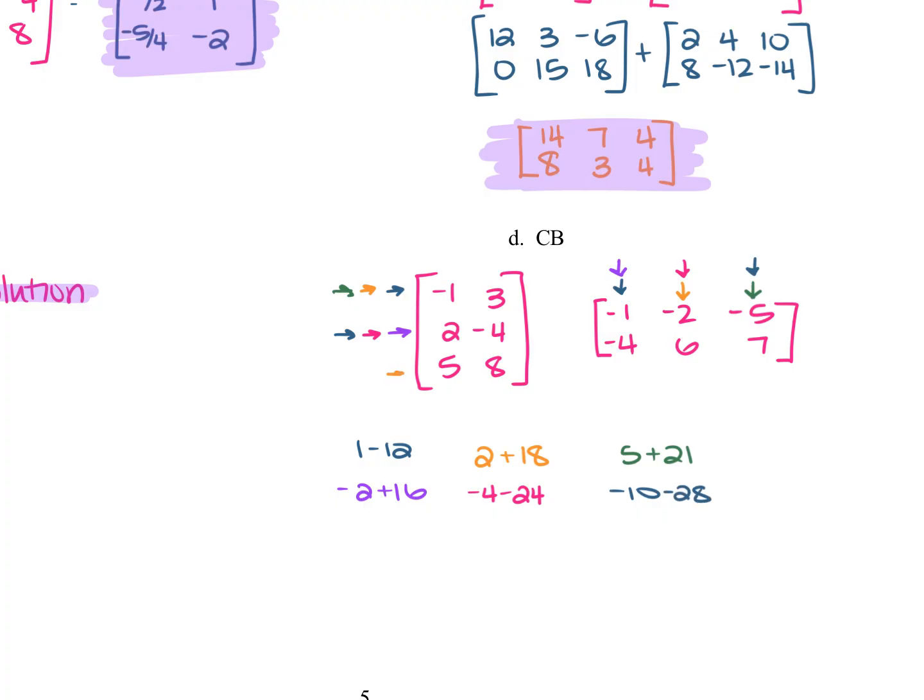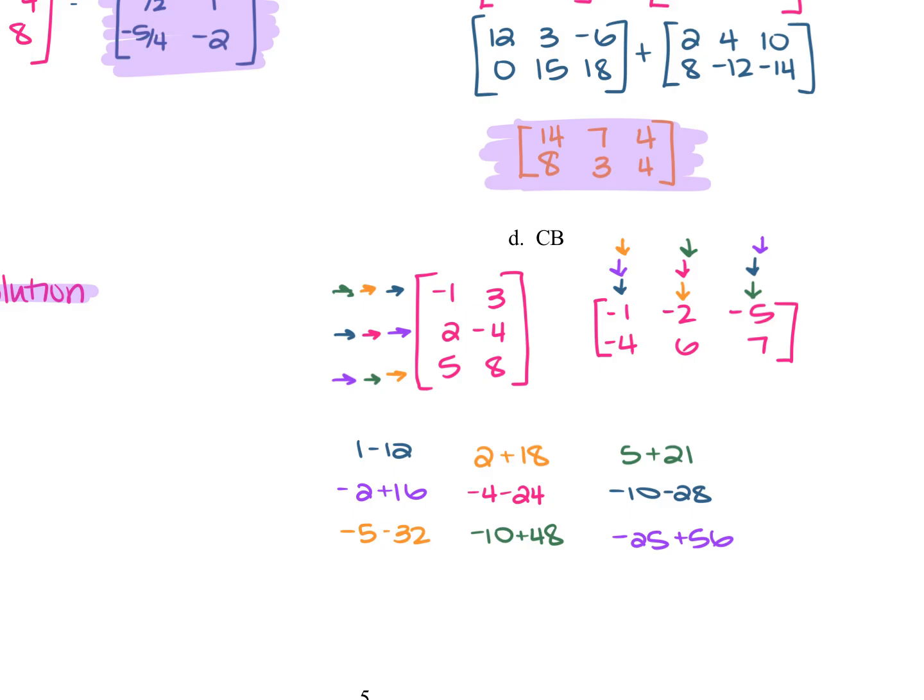Moving down to your third row, first column, 5 times -1 is -5. 8 times -4 is -32. Then third row, by second column, 5 times -2 is -10. 8 times 6 is 48. Lastly, bottom row, third column, 5 times -5 is -25. And 8 times 7 is 56.